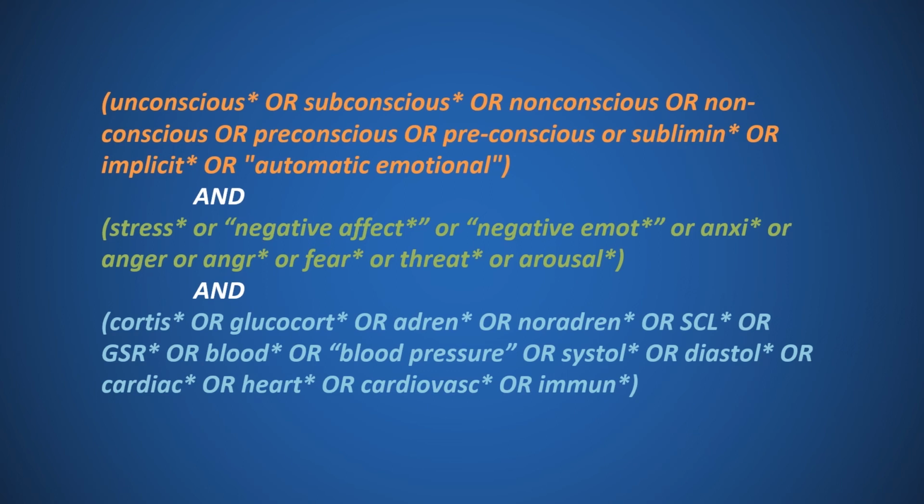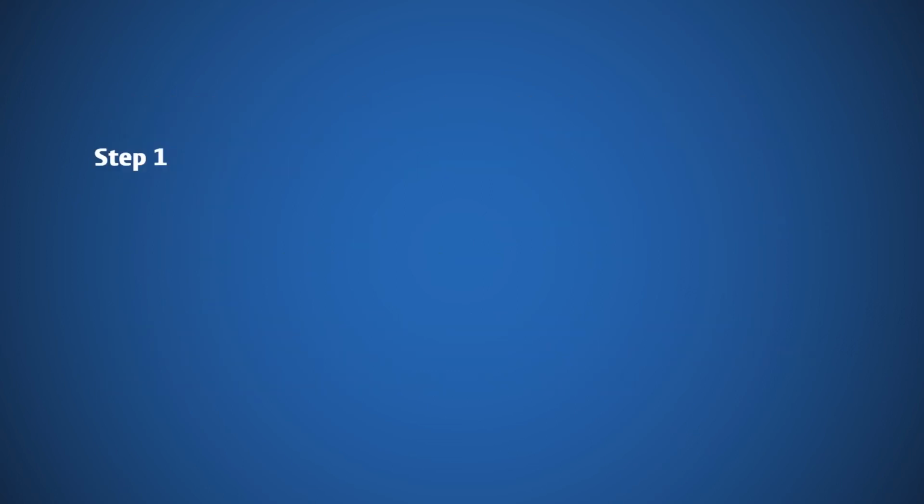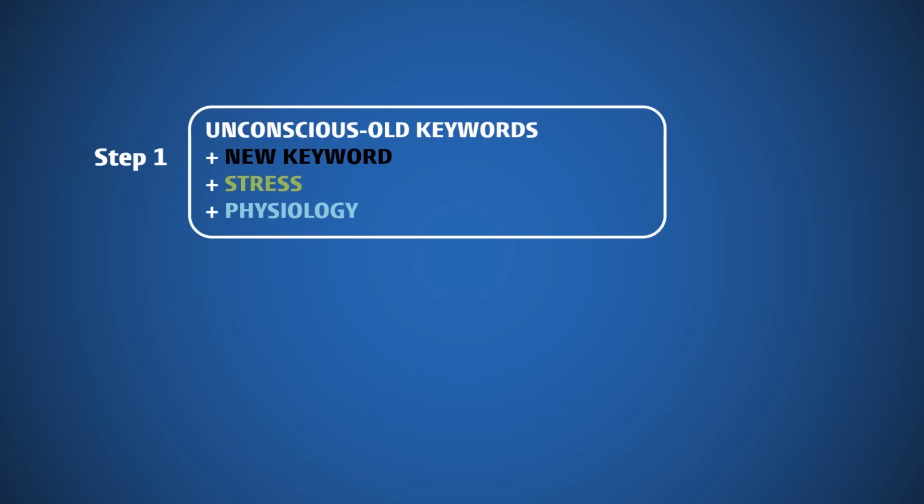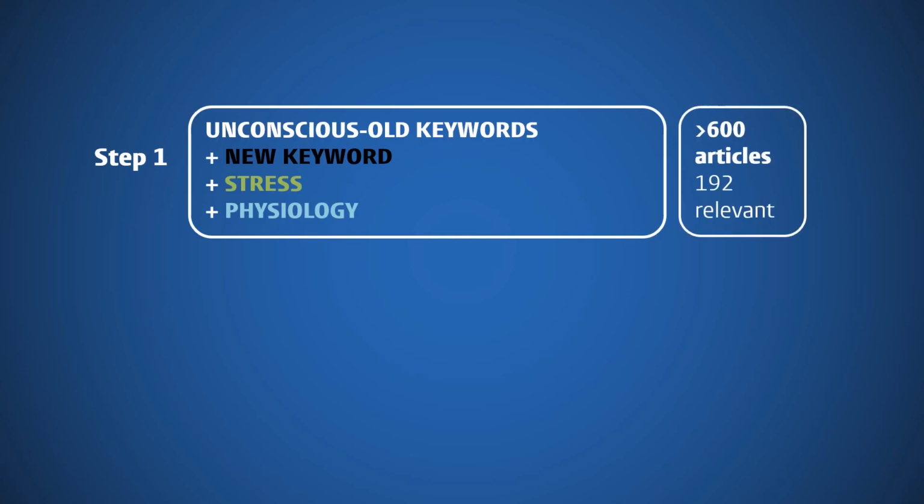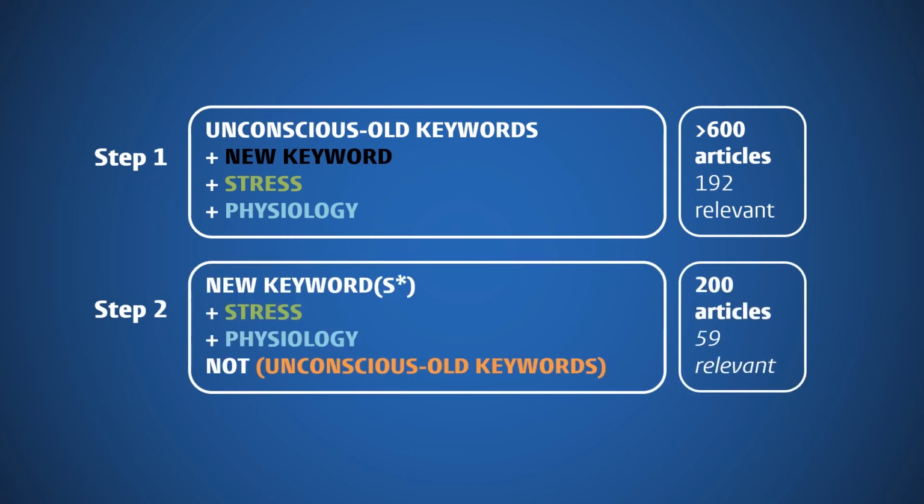She used the isolation strategy to test out each of them. With my initial keywords, she found more than 600 articles, amongst which 192 relevant ones. After trying out the new keywords with the isolation strategy, she found 200 new articles, including 59 relevant ones.